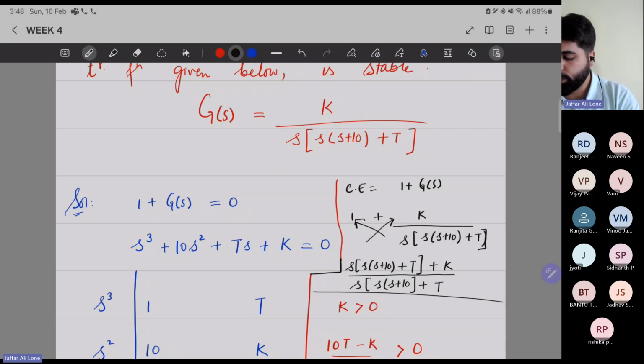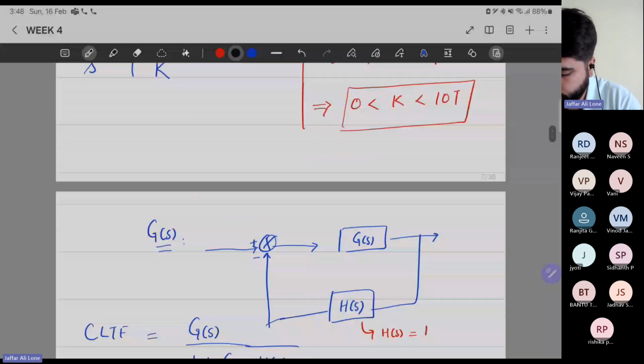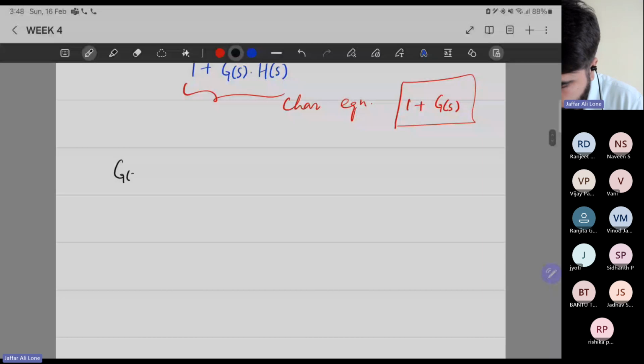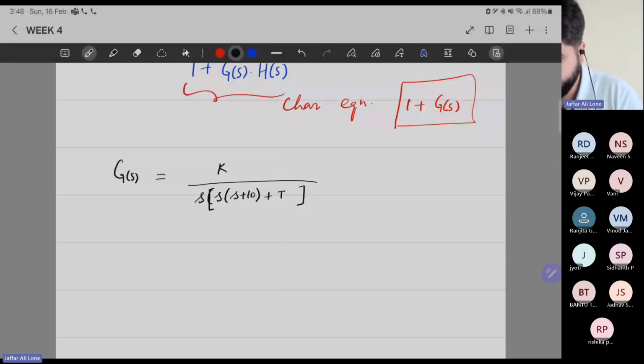Now actually in the numerator also we have G(s), so it will be in the numerator of my closed loop transfer function. Okay, I'll write it complete. This is making things doubtful, so let's make it easier. I have given s(s plus 10 plus t), and this is my G(s).